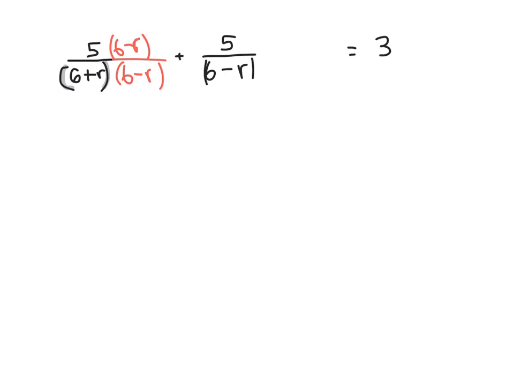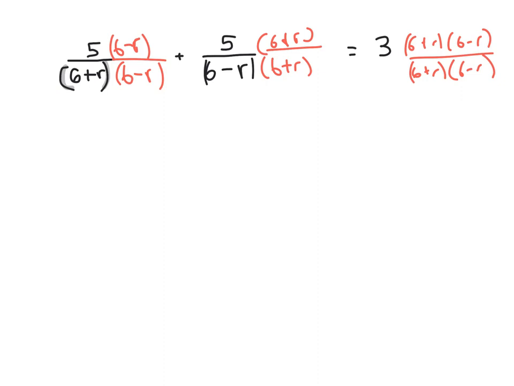I'm going to multiply the second fraction by 6 plus r over 6 plus r. My final fraction, 6 plus r, 6 minus r over 6 plus r, 6 minus r.